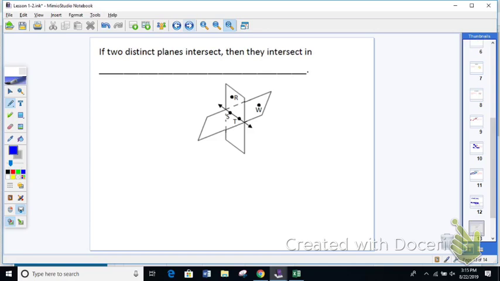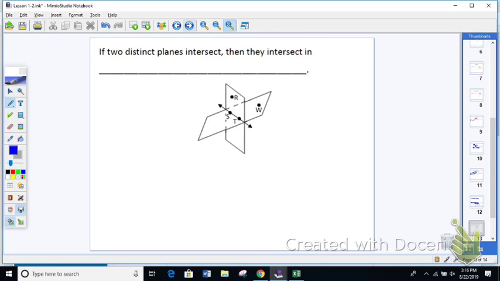This next one, okay, so here again, we've got planes that are intersecting. So actually 3 dimensions, but we only have 2 dimensions. So this one's a little bit trickier. It says if 2 distinct planes intersect. So we have this one that's kind of going sideways. We have this one that's going up and down. Okay, so they're intersecting. What do you think their intersection is?